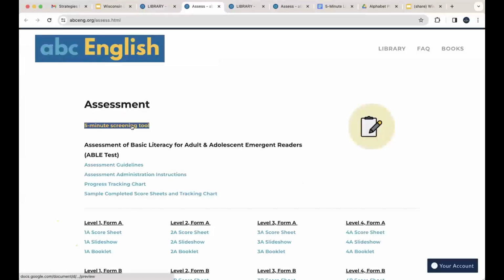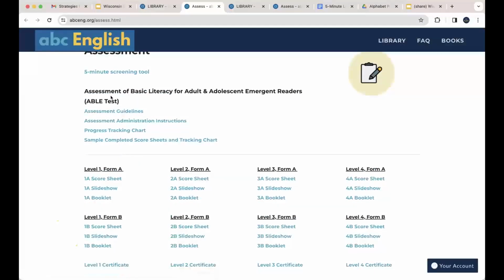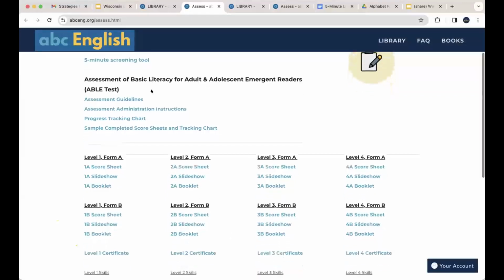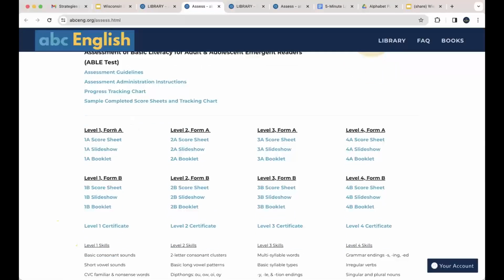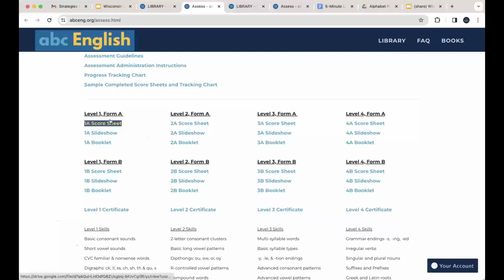We already talked about the screening tool. The other assessment tool here is called the ABLE test. ABLE stands for Assessment of Basic Literacy for Adult and Adolescent Emergent Readers. You can read about the guidelines and instructions here. And then you'll see there's 4 different levels of this assessment. There's a score sheet and a slideshow or booklet that you would show to the student to give the test.